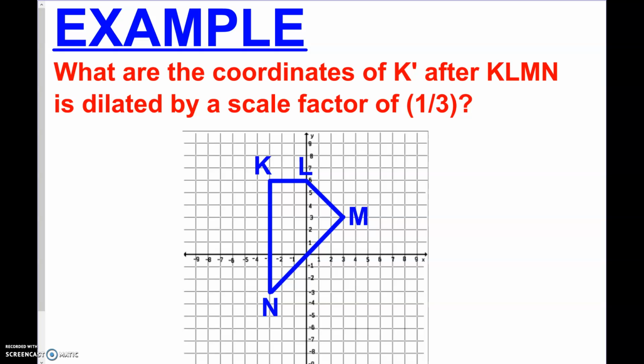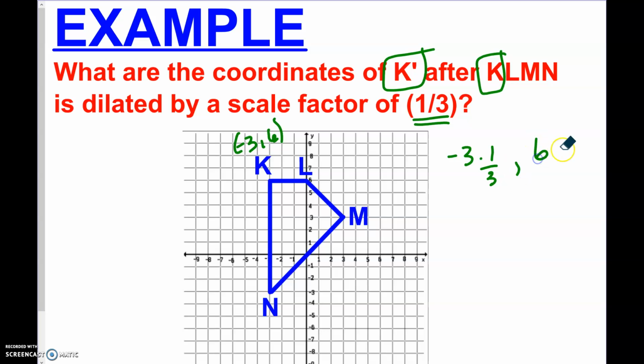All right, so what are the coordinates of K prime? So we need to focus on just where K is after doing a scale factor of 1/3. So where is K? That looks like (-3, 6). So we need to take -3 times 1/3, and we need to take 6 times 1/3.